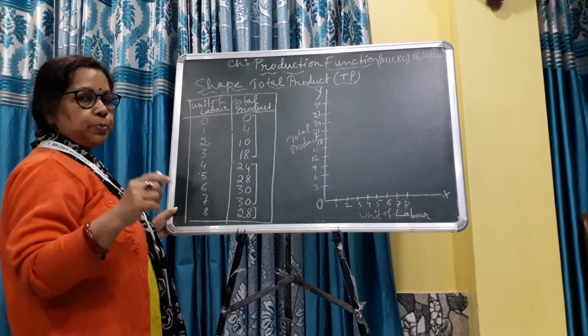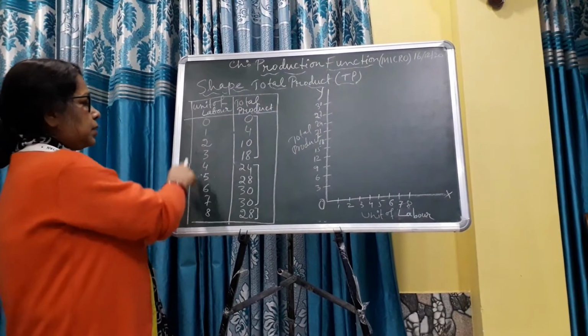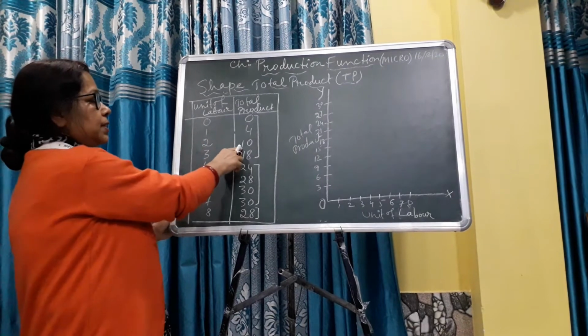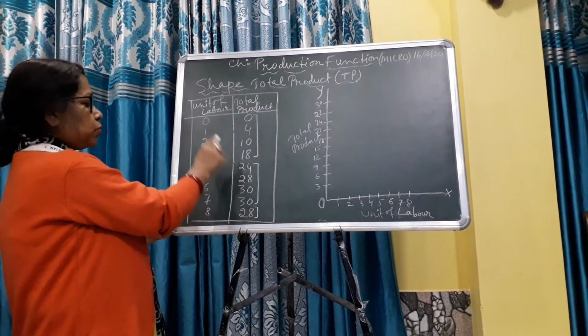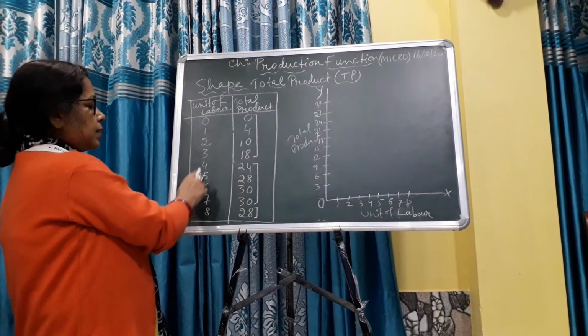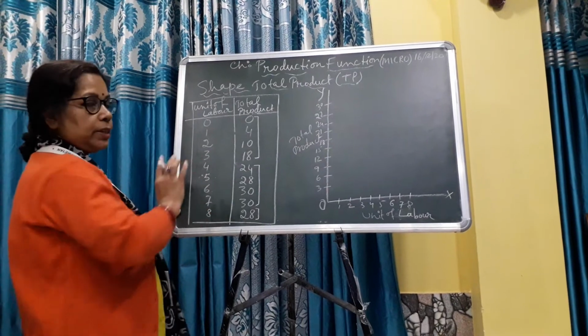We assume wheat production, so 1 labor produces 4 kilos of wheat, 2 labors produce 10, 3 labors 18, 4 labors 24, 5 labors 28, 6 labors 30, 7 labors 30, and 8 labors 28.